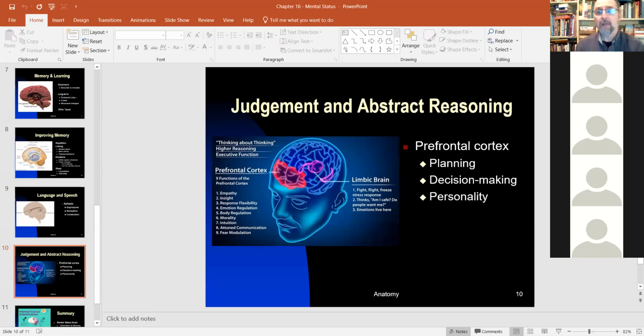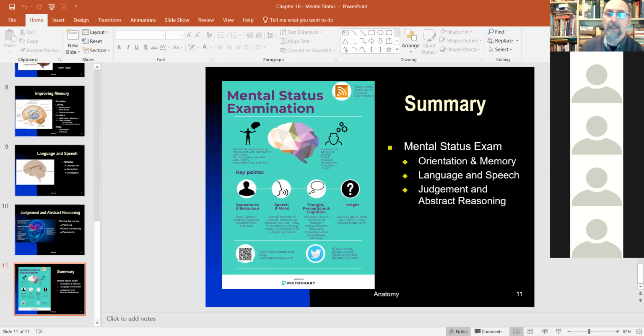Okay. And then we'll often ask people about some judgment and abstract reasoning, things that are associated with the prefrontal cortex. And so these things, simple planning, decision making, and personality, that all happens in the prefrontal cortex. Okay, so this first week, we're just talking about the mental status exam.